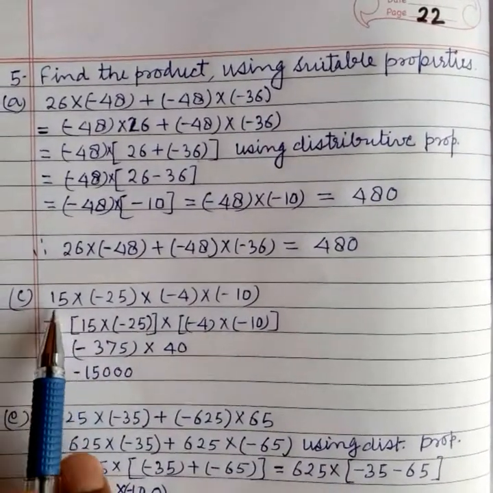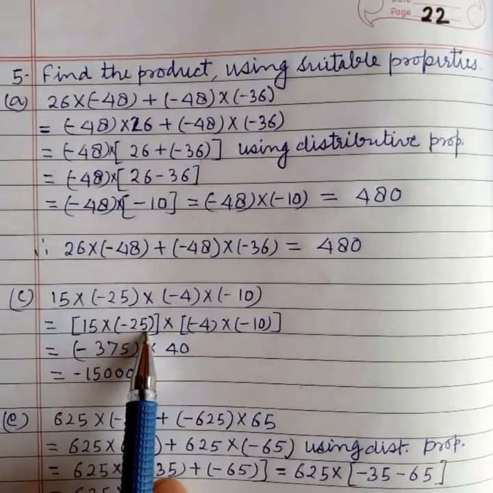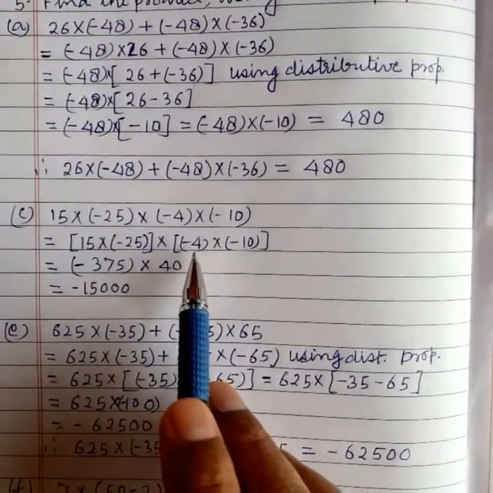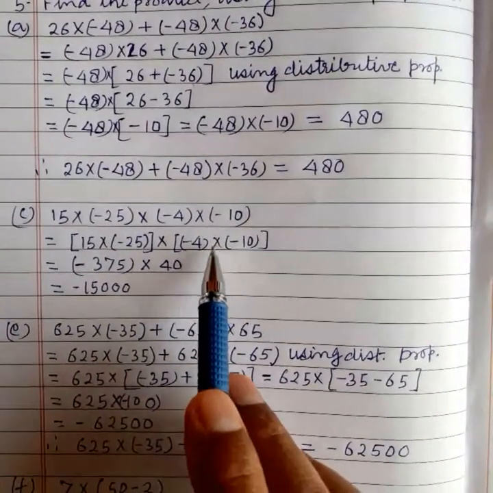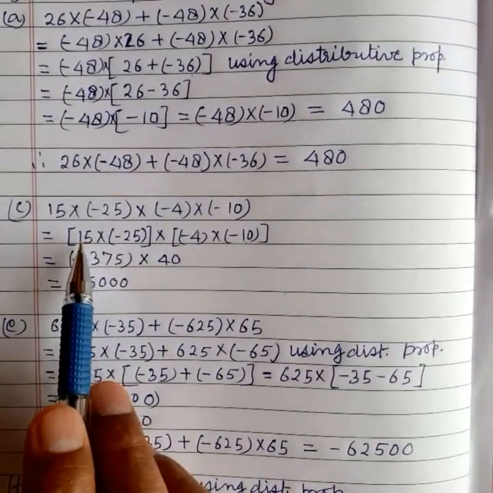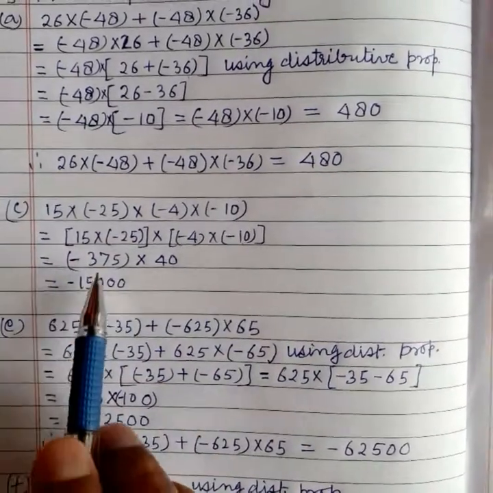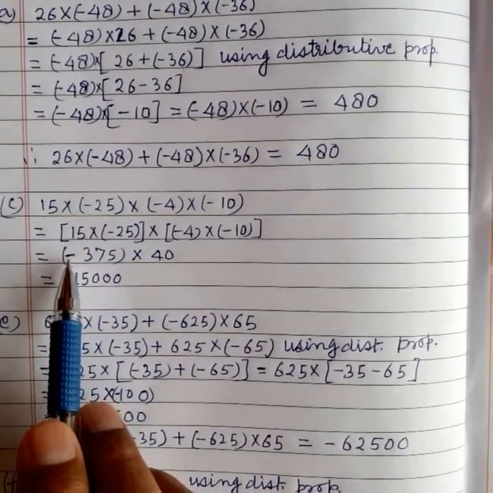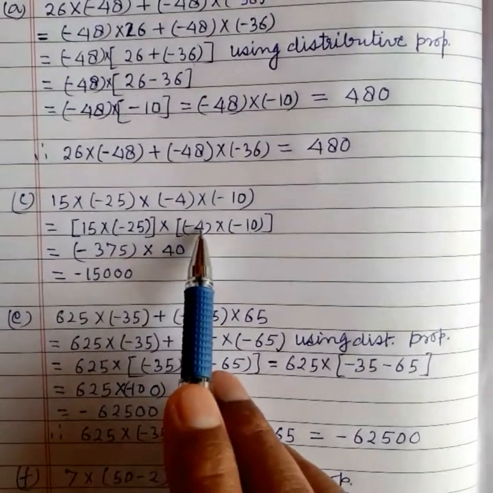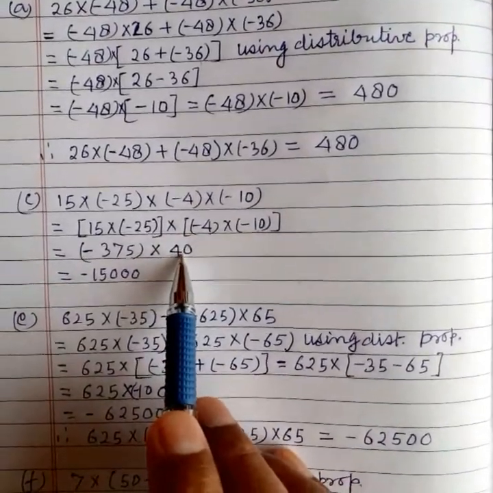In the first group, 15 into minus 25, and in the second group, minus 4 into minus 10. Now the product of 15 into minus 25 is equal to minus 375, and minus 4 into minus 10 is plus 40.